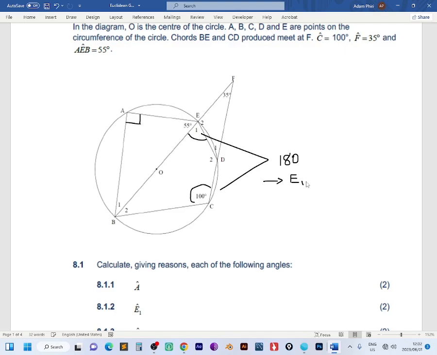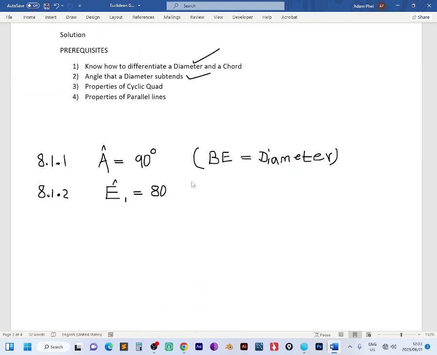E1 is equal to 180 degrees, and the reason is that supplementary angles add up to 180. So the other side is 100, that will be 80 degrees. And then we come in and give the reason that BCDE is a cyclic quad. So that's part of the reason.